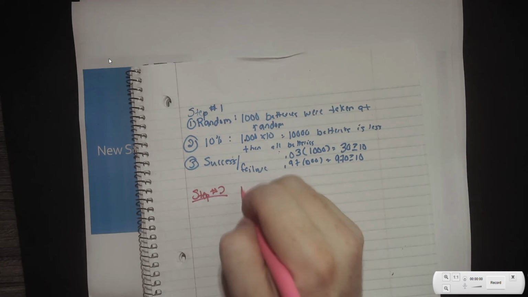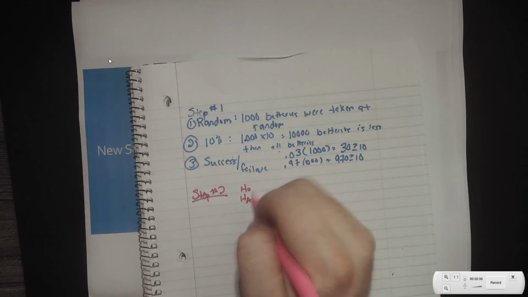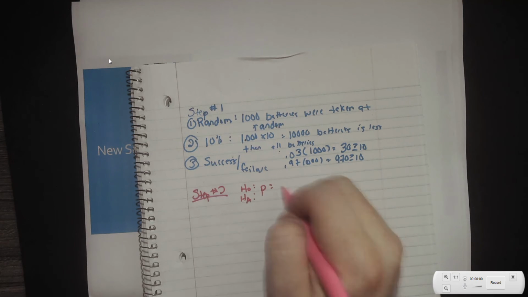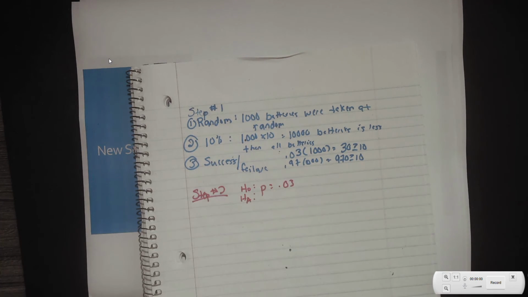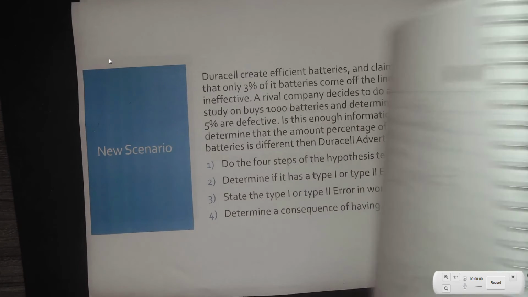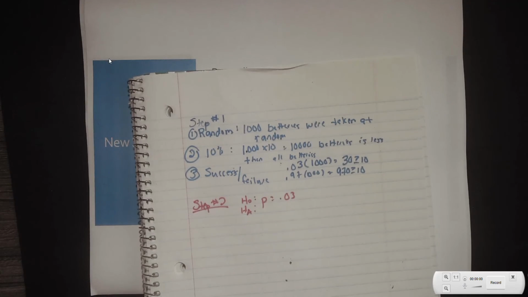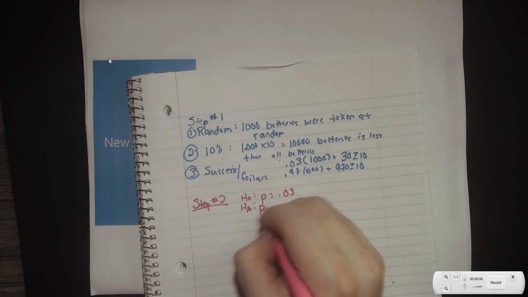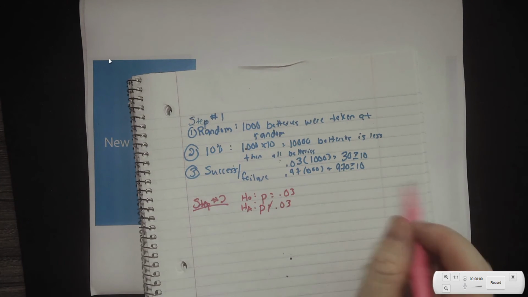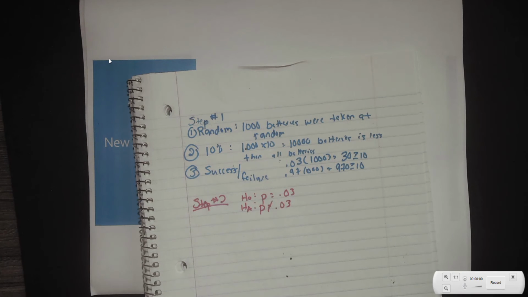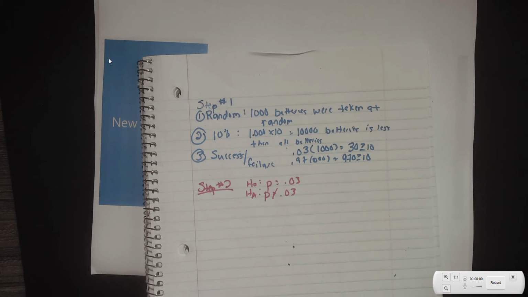Step number 2. We have a null and an alternative. We're going to say the proportion should be 0.03. If we go back, the question says different, so p is not equal to 0.03. Step number 3.